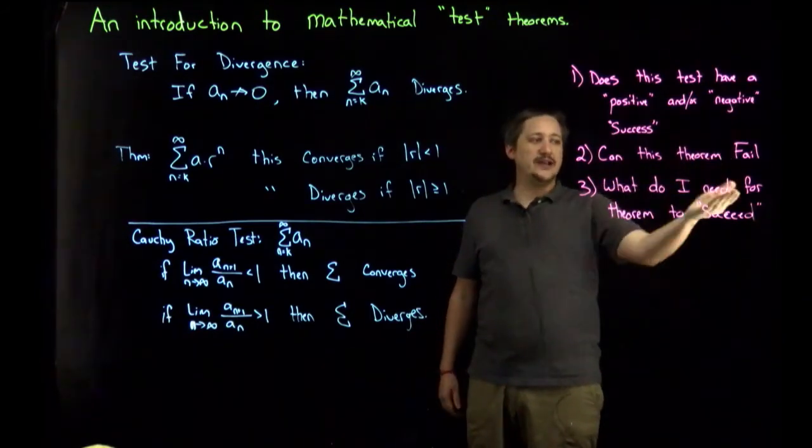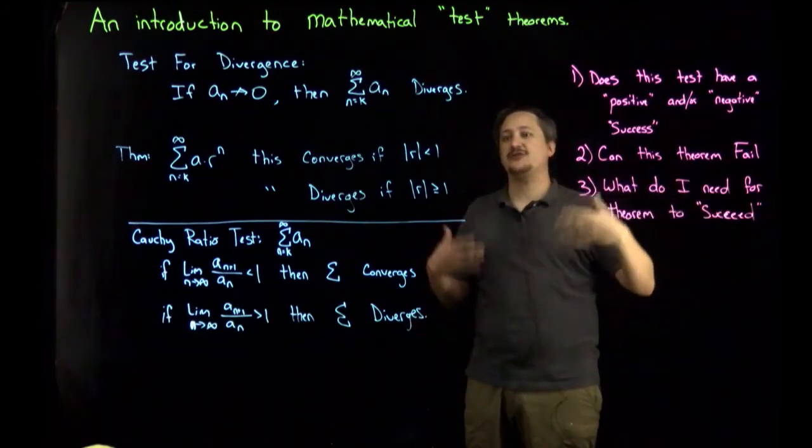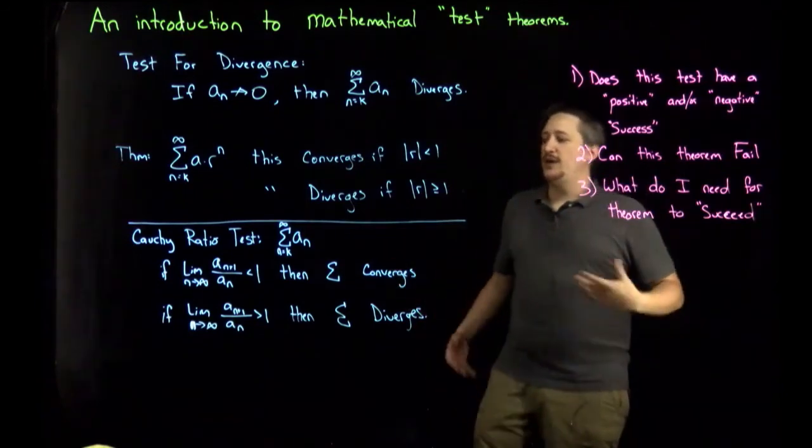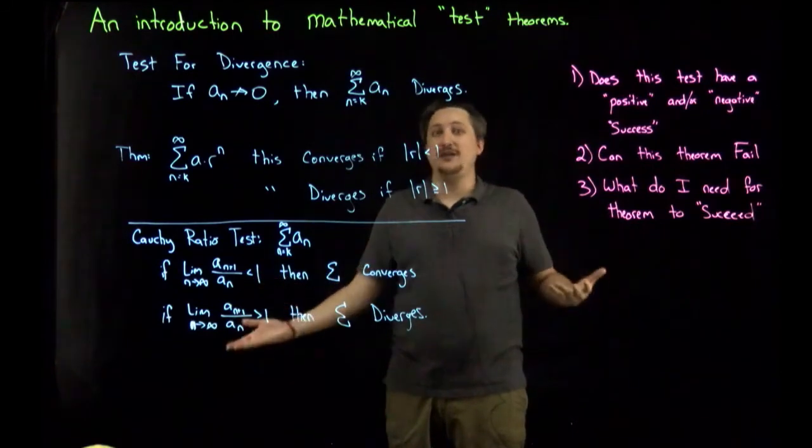And so what do I need to know for this theorem to succeed? What do I need to know for this test or criterion to give me information? Well, I need to be able to take this ratio and get something that is effectively not 1.